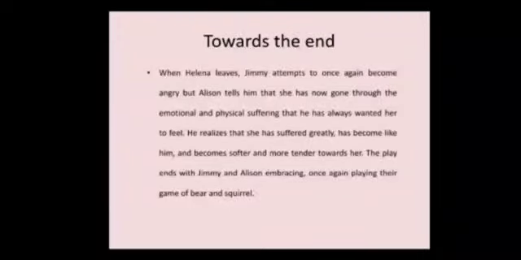So they kind of have a new kind of understanding now as a husband and wife, and here the play ends with Jimmy and Alison embracing each other, once again playing their game of bear and squirrel.